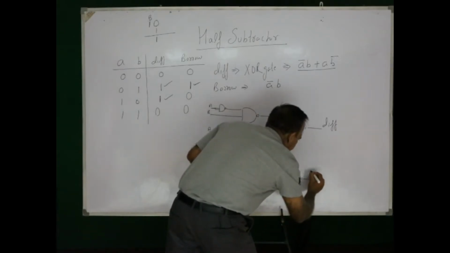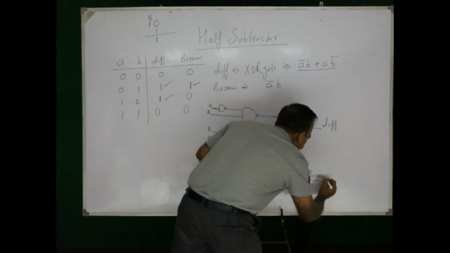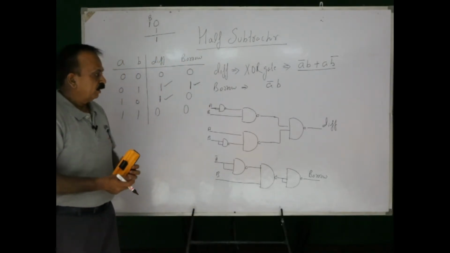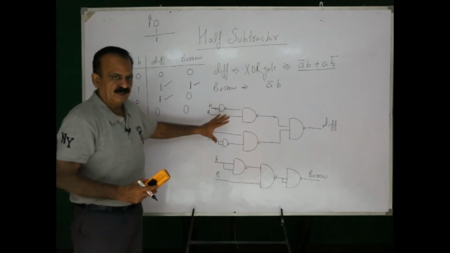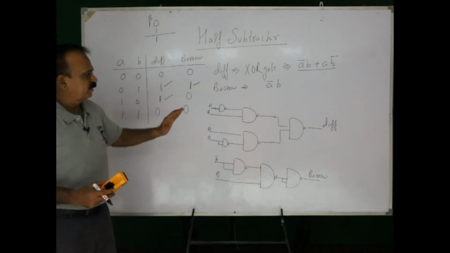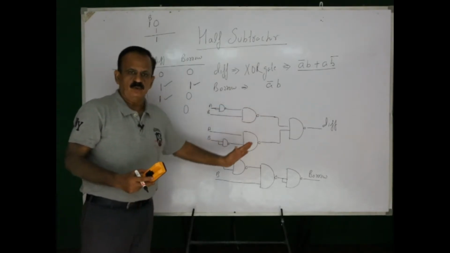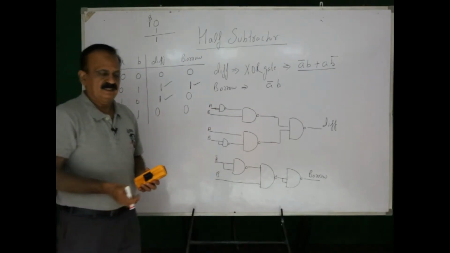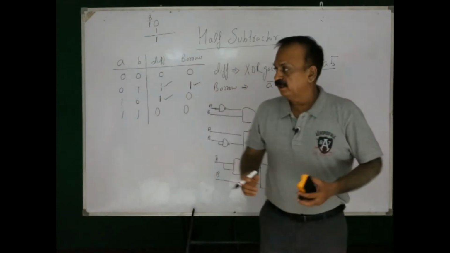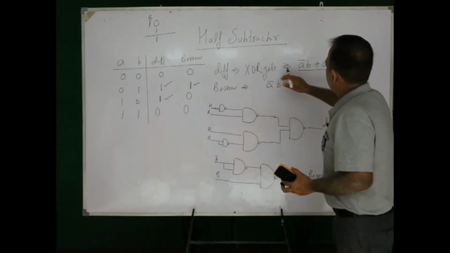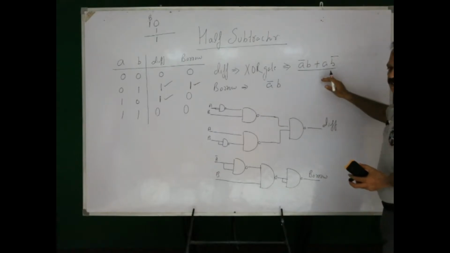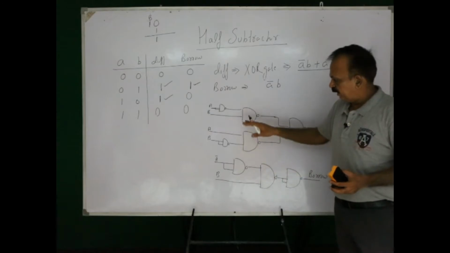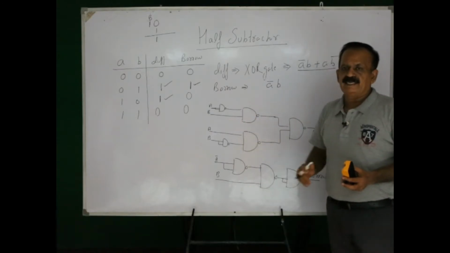This value will be nothing but the borrow value, that is the value A bar B. Now, this is the implementation of this half subtractor by using universal gates only. We use NAND gates for implementing this, because we found the expressions in the form of sum of product, and sum of product expressions are implemented by using NAND gates.